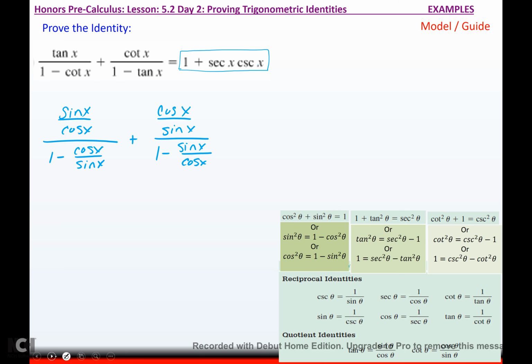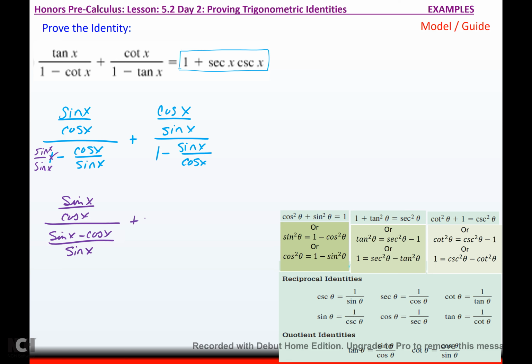Alright, if I look at the bottom here and get a common denominator, that would be sine x. So I can rewrite 1 as sine x over sine x. That would give me sine x over cosine x over sine x minus cosine x over sine x.